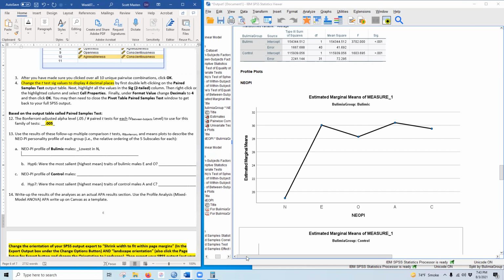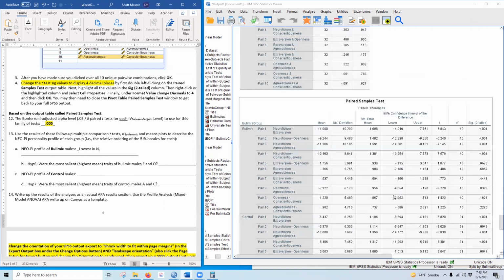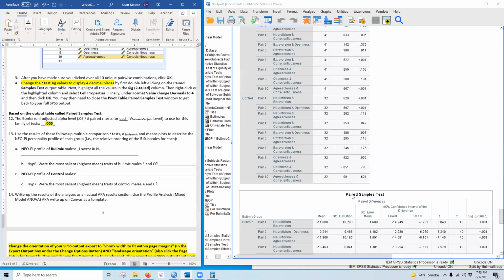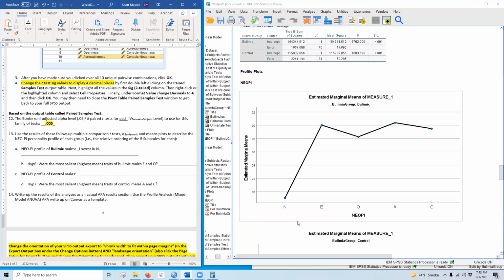All right, any of these other things less than 0.005? Let's see. So these were all the neuroticism ones here. No. None of these are less than 0.05. This one is for the next one. So none of these other ones are. So basically their personality profile is as follows.